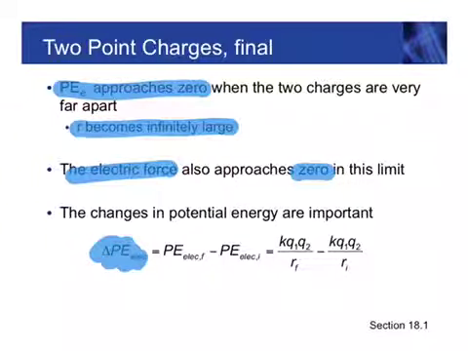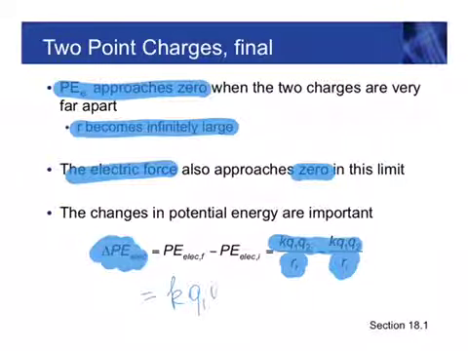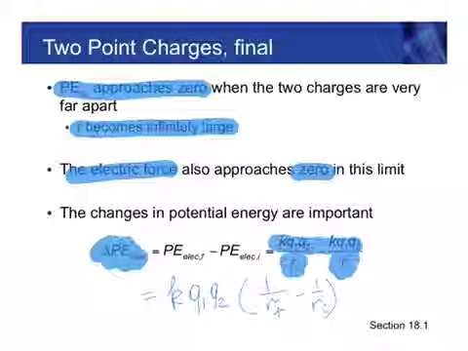To find the change, we just have to use this formula. k stays constant, multiply the values of the two charges, and then divide by the final distance between charges, minus 1 over the initial distance between charges. You can simplify this formula this way, just to see what's happening. We can factor out k, Q1, Q2, and over here you have the difference between 1 over the final distance and 1 over the initial distance. So that's what it is.